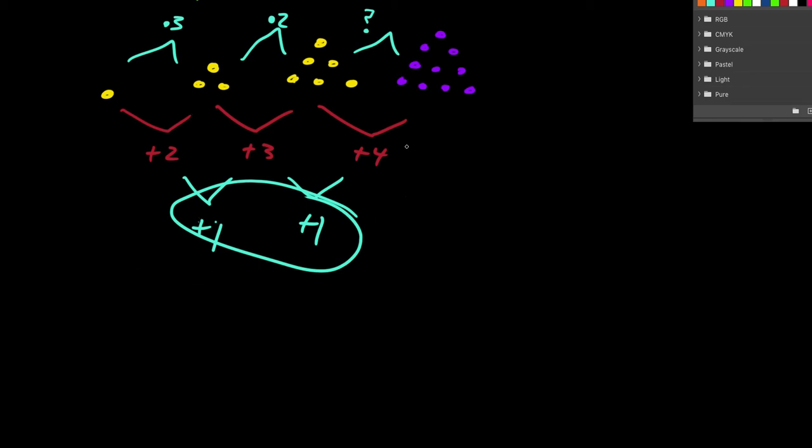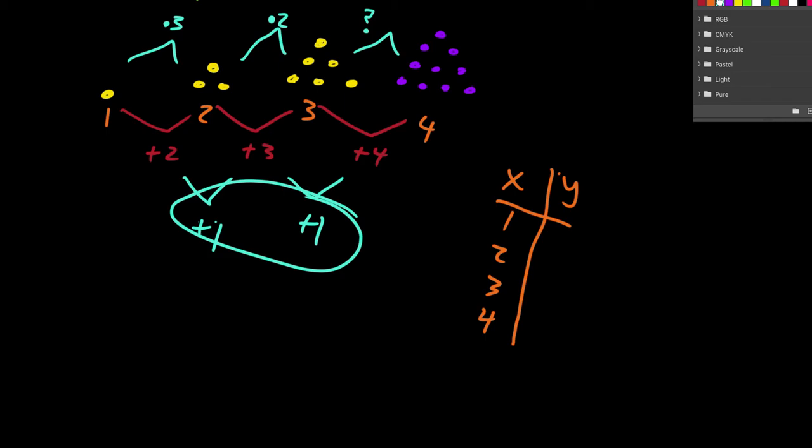And so we can show that by, this is step 1, step 2, step 3, step 4. So if we do x, y, we get 1, 2, 3, 4 for our steps. And then if we look at our growth, we start with 1, then we go to 3, then we go to 6, and we go to 10.